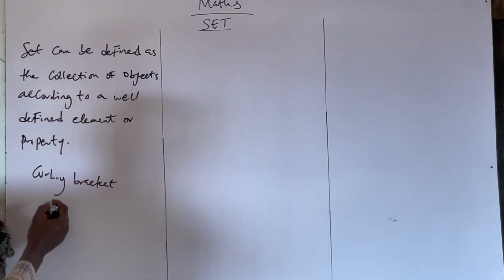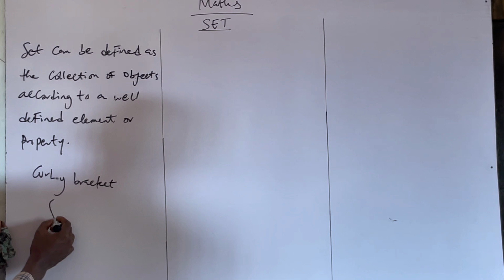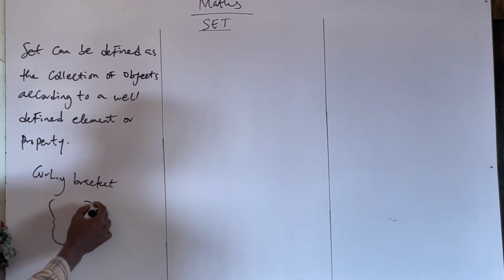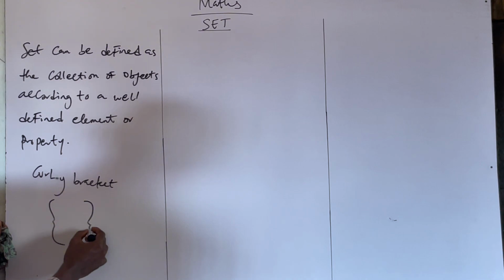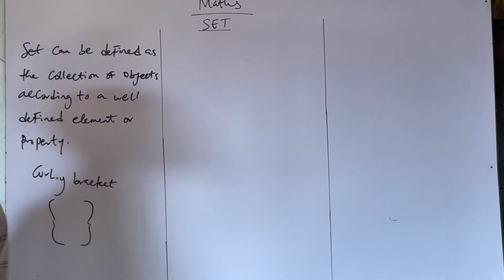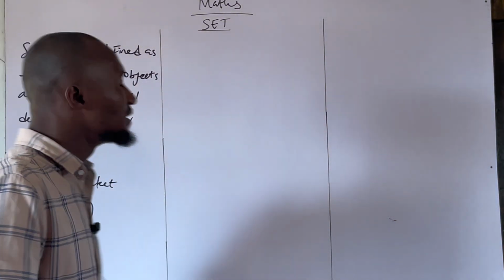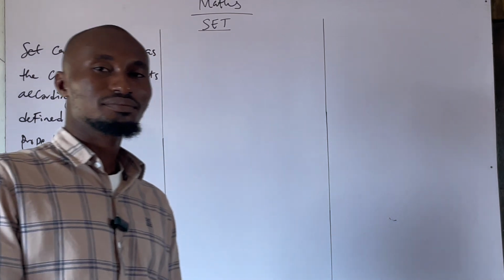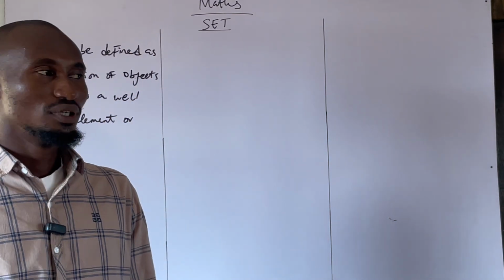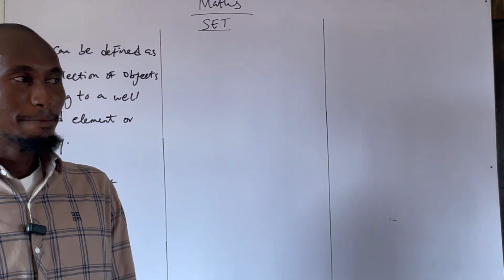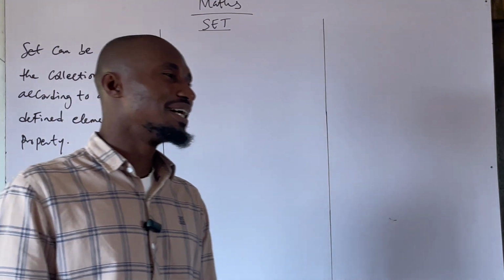How do you draw it? You do it like this. Do you see it now? They are called curly brackets. Hope you are following now.